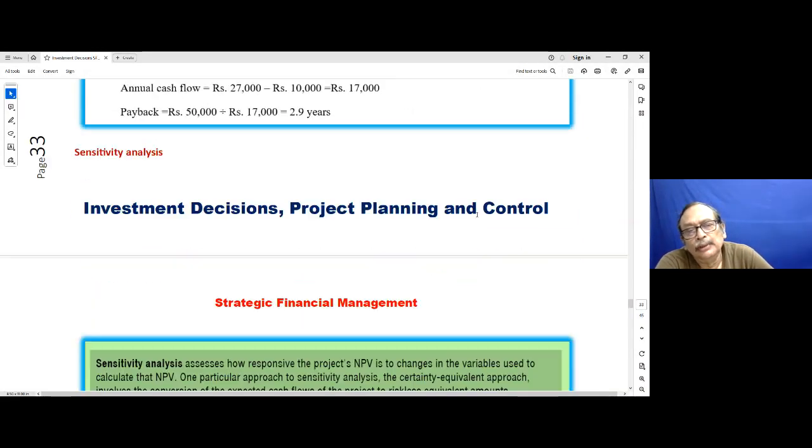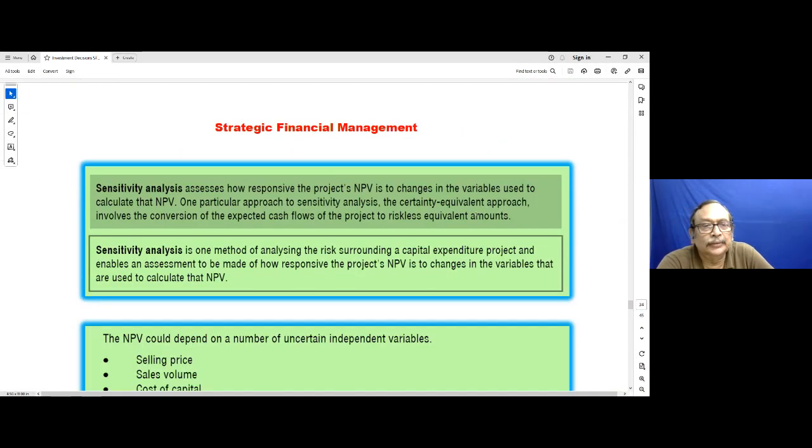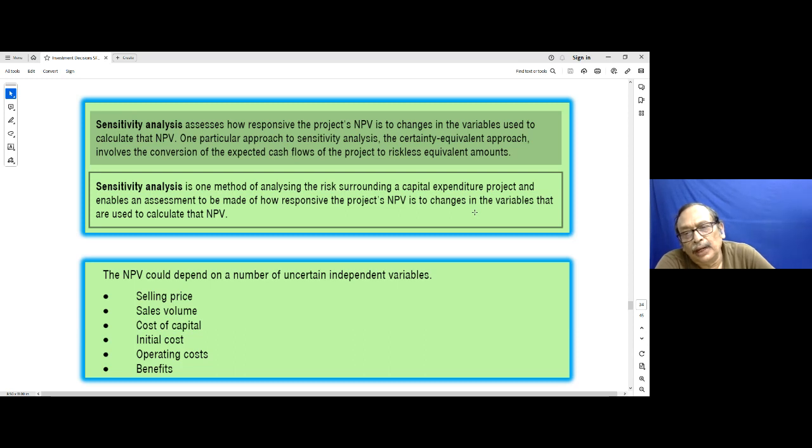Now we are coming to sensitivity analysis. First, we are required to consider the meaning of sensitivity analysis. In the context of the capital budgeting process, we are going to identify the factors or variables which will affect the net present value with a little change.